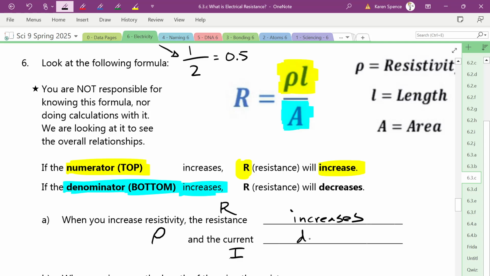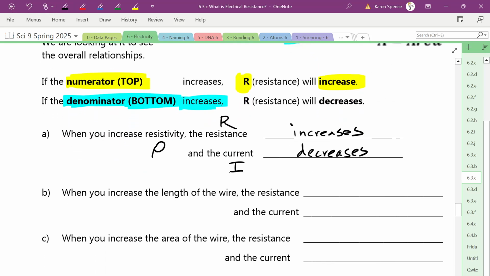It will decrease. If you increase the length of the wire, what happens to the resistance? The resistance increases, because you've got more obstructions. And what happens to the current? Current decreases.